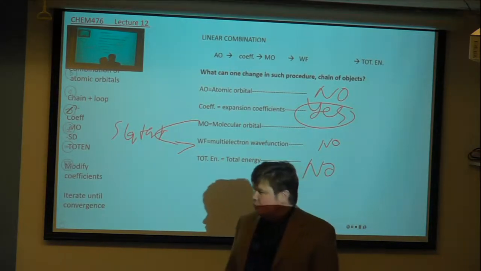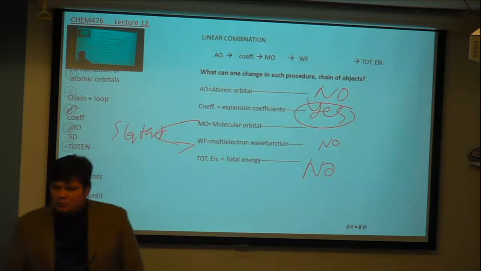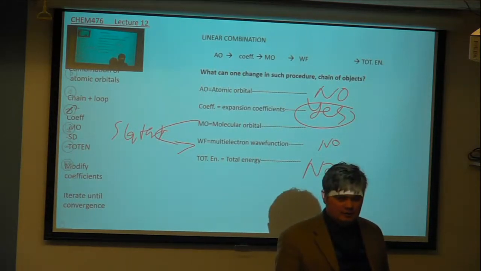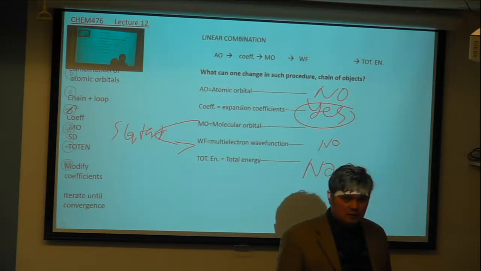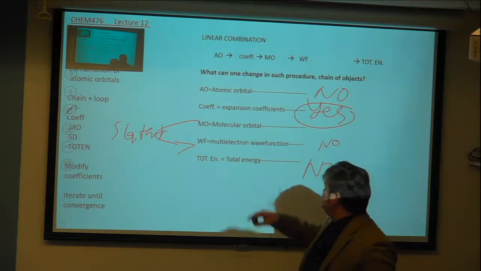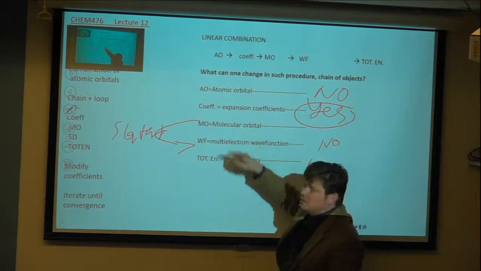So from this point of view, we can set up another definition of Hartree-Fock theory. It is a way to vary molecular orbitals until you get the correct energy. Not the overall wave function, but more specifically, vary expansion coefficients of molecular orbitals.